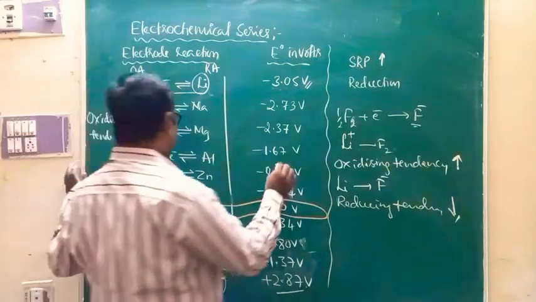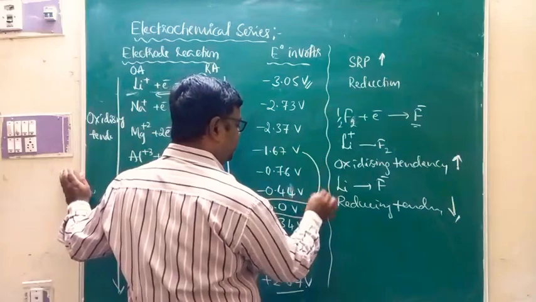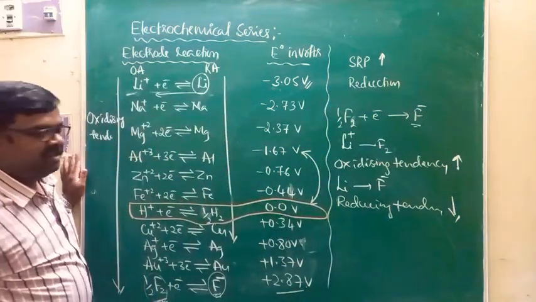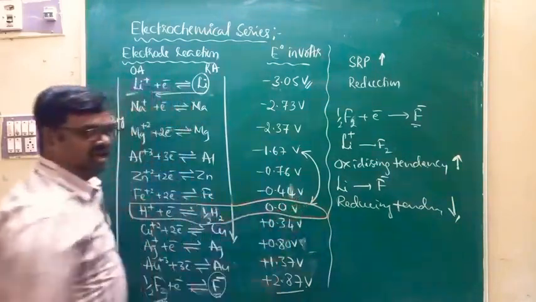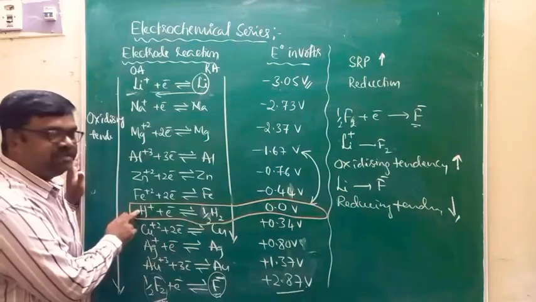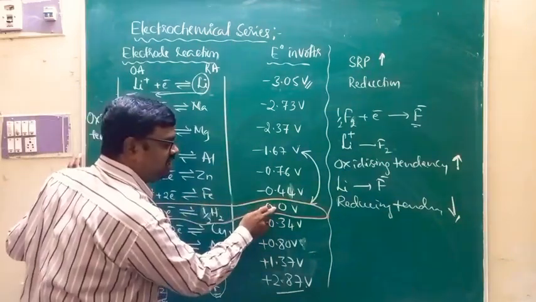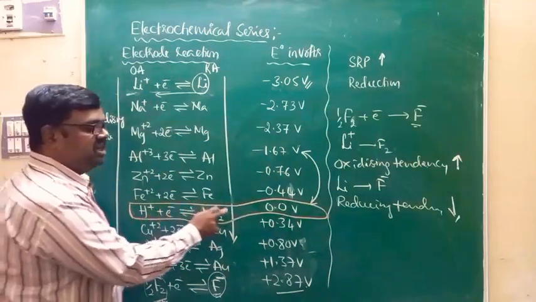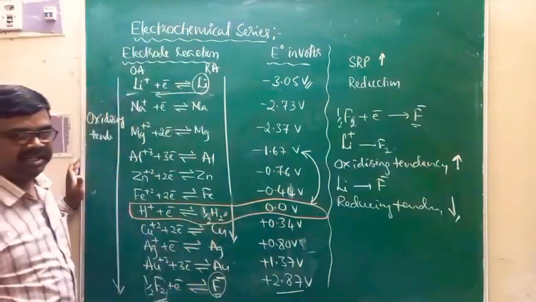If I connect an aluminum electrode and a hydrogen electrode, out of aluminum and hydrogen, which undergoes reduction easily? H plus, because its SRP is 0, greater than -1.67. Therefore H plus undergoes reduction easily, and hydrogen gas is liberated.